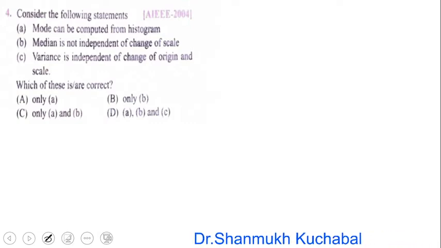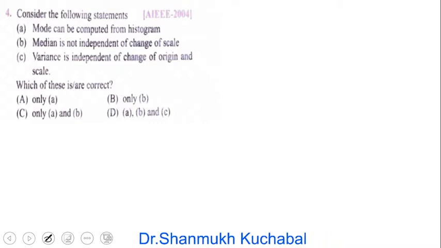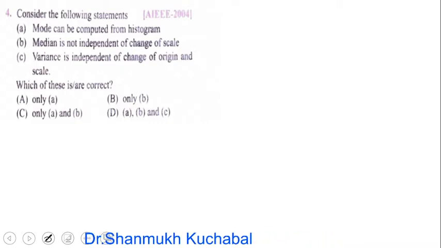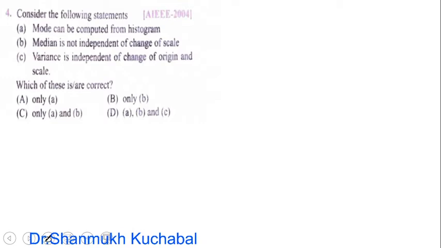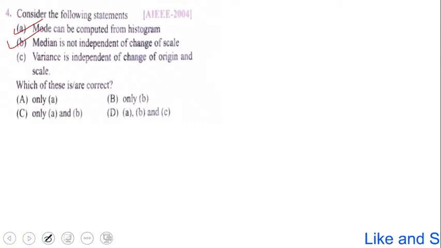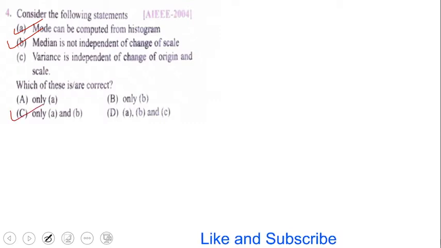We observe that mode can be computed from histogram, and median is not independent of the change of scale here. Therefore clearly A and B are right. So the correct option is C, only A and B.